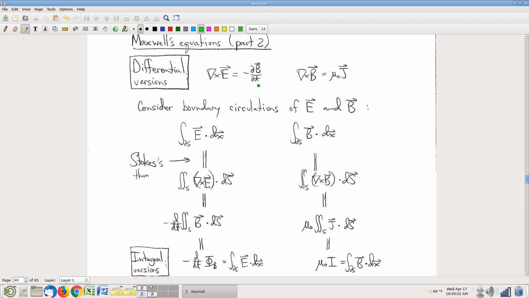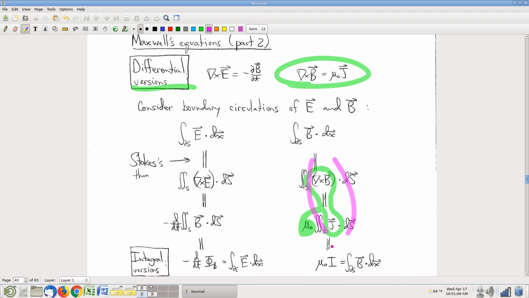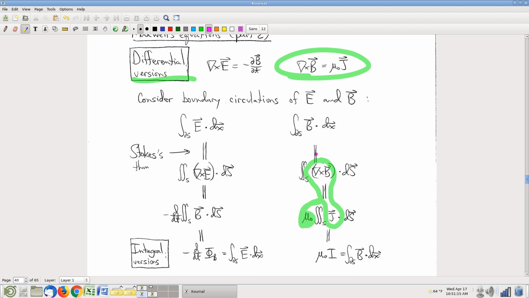This equation here, what I'll call the differential version of this equation, just take the flux of both sides of that equation, as I've done there, and notice that what I get is this equation, which I recopy over here, that says that the electric current is equal to the circulation of the magnetic field.